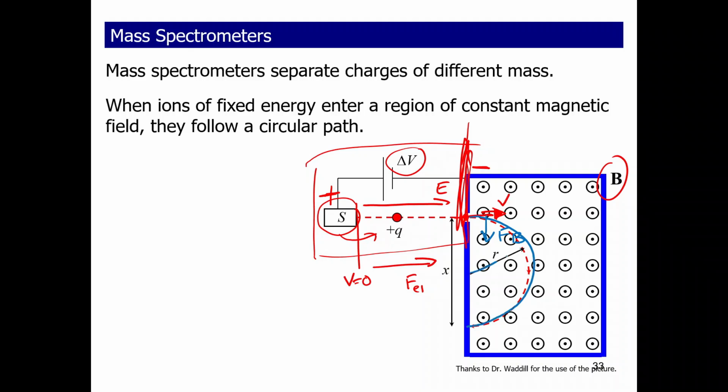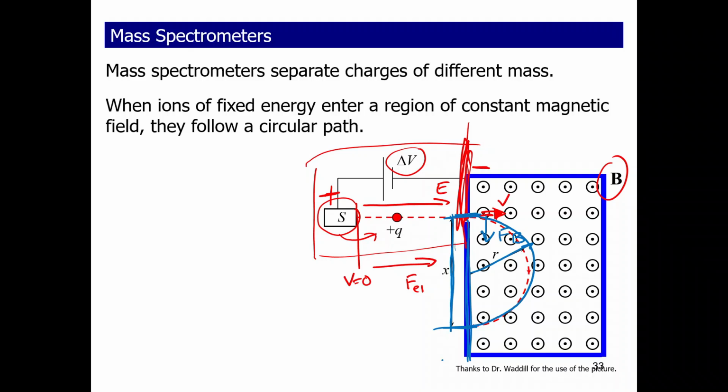And that circular path is going to have a radius, and there's going to be some sort of distance from the hole where it entered to where it collides. And this is usually some sort of screen that basically when the electron or proton or whatever hits it, it kind of lights it up, so it can sense when that collision occurs. So we could basically measure the diameter of the circle that is made by that charge as it moves through.